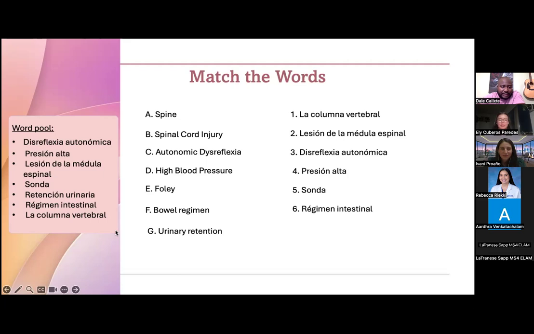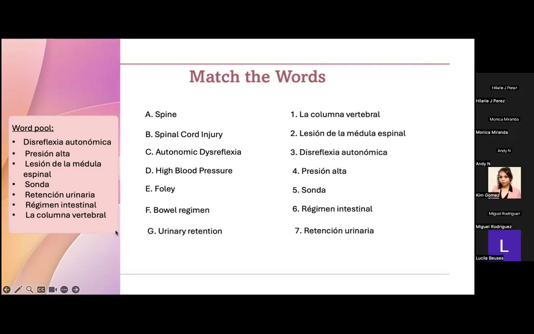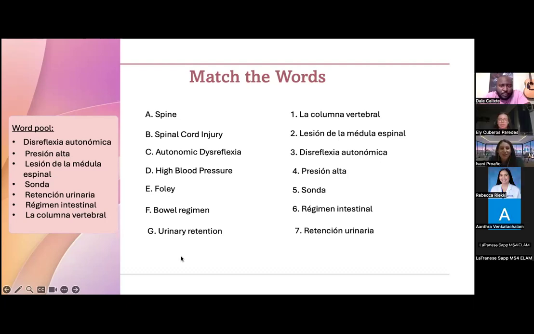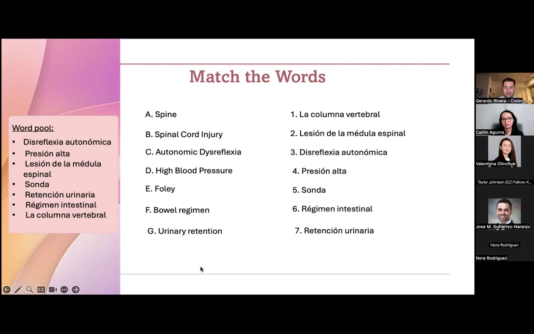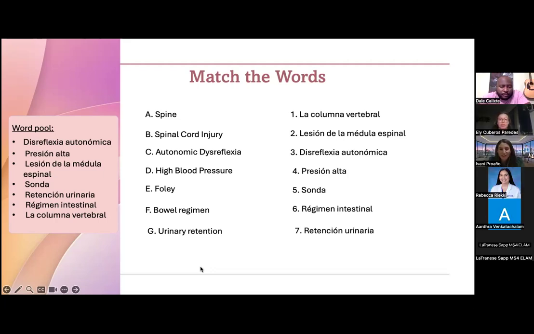Retención urinaria. Perfect. So spine, la columna vertebral; spinal cord injury, lesión de la médula espinal; autonomic dysreflexia, dysreflexia autonómica; high blood pressure, presión alta; Foley, sonda; bowel regimen, régimen intestinal; and urinary retention, retención urinaria.